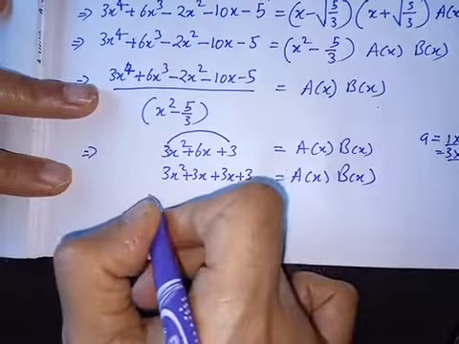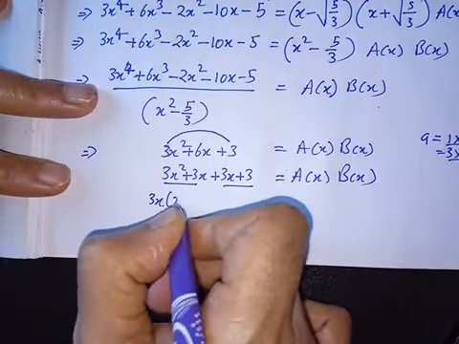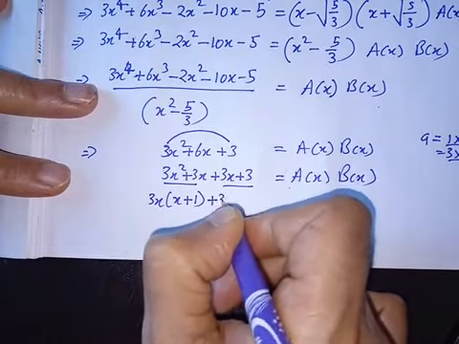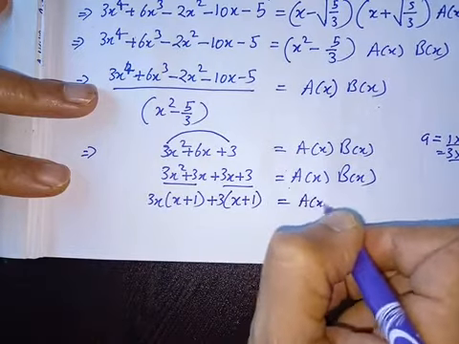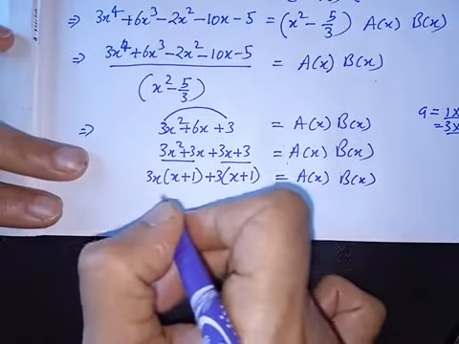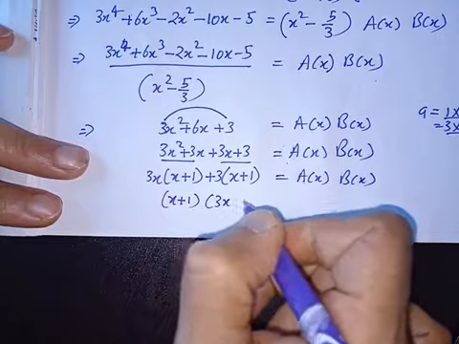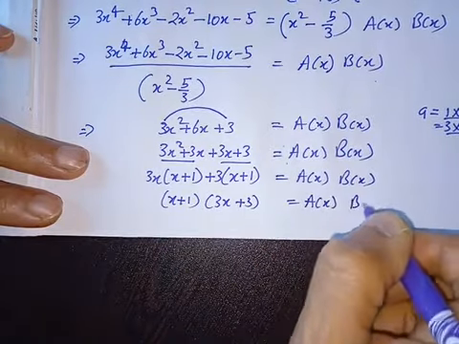On solving this, between the first two terms 3x is common, so x plus 1. Between the second two terms 3 is common, so x plus 1. So (x plus 1) multiplied by (3x plus 3) is equal to ax and bx.